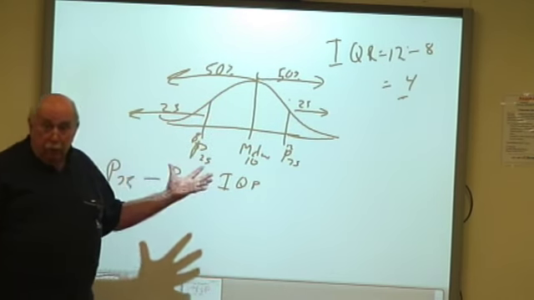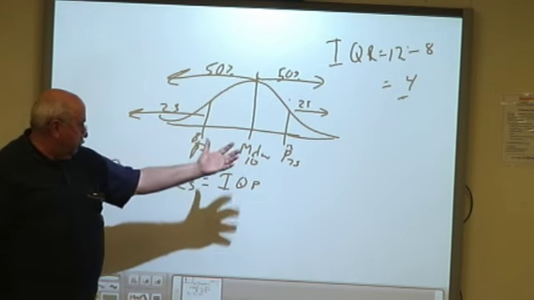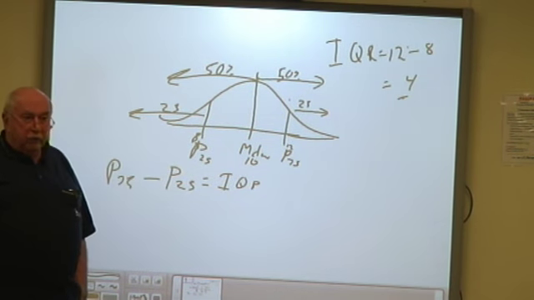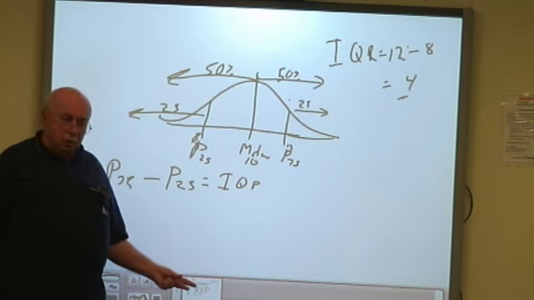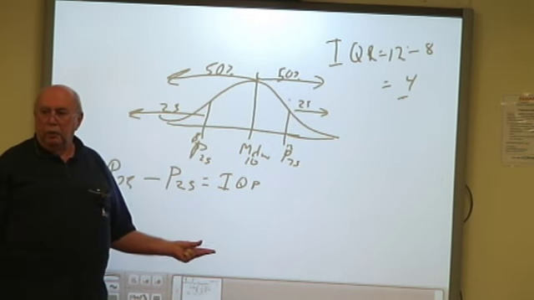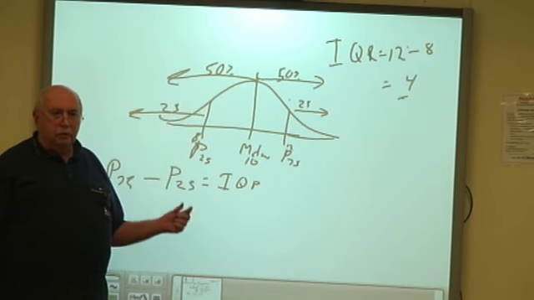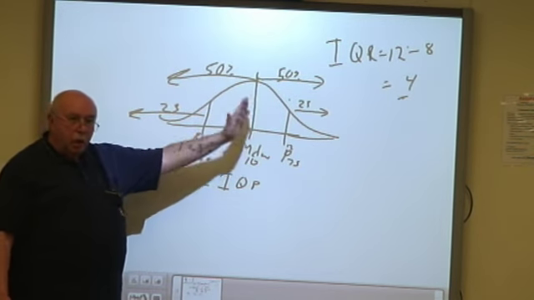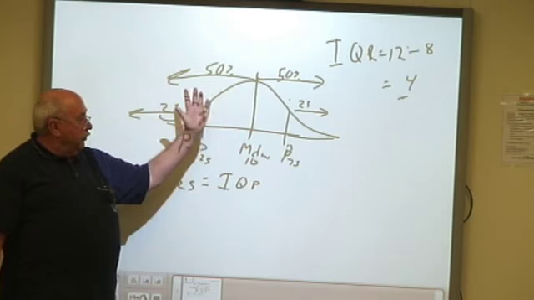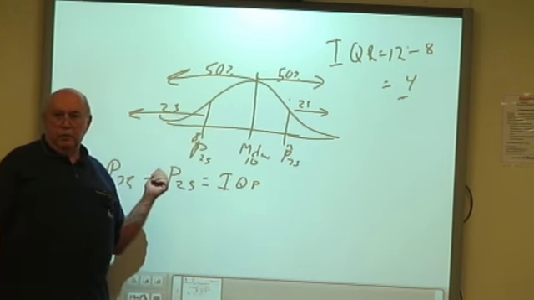Now, what does 4 stand for? What is this range, 8 to 12? Well, it's the range of the middle 50% of the people. The median is in the middle, with scores higher and lower. This is the middle 50%.